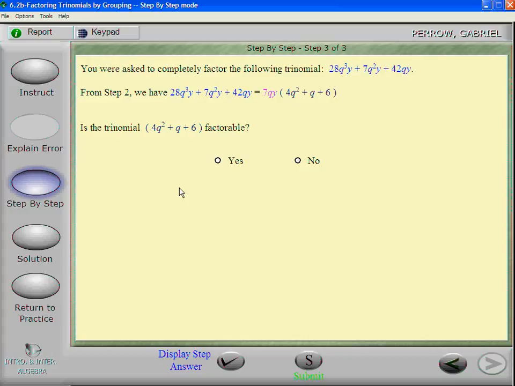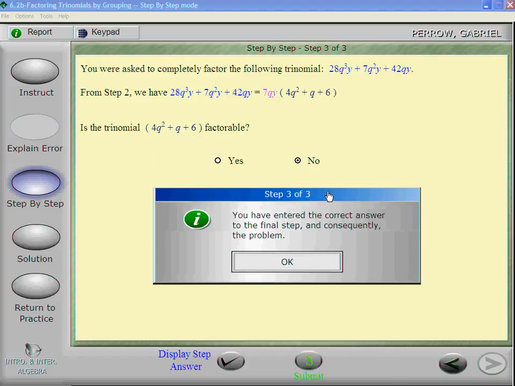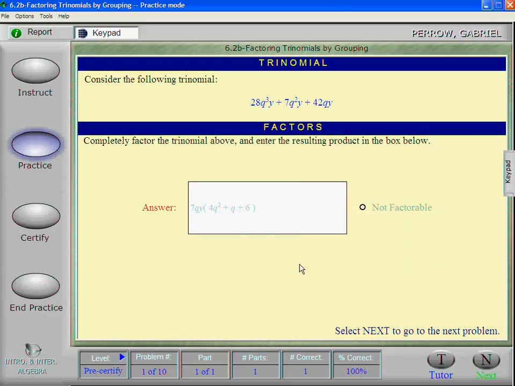There's no way we're going to add 1 and 24, 2 and 12, 3 and 8, 4 and 6. All these combinations that would multiply to give you 24, none of them are going to add up to 1, which is the number in front of q. So this is not factorable. Sometimes it would be, and you would proceed like we have on previous examples to factor by grouping using the combination that would work. So they basically say, hey, what you had on the previous step is your final answer. You couldn't factor it any further.